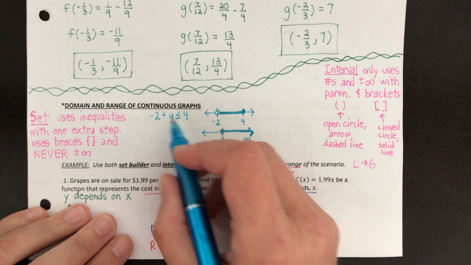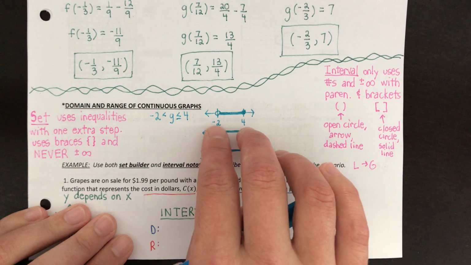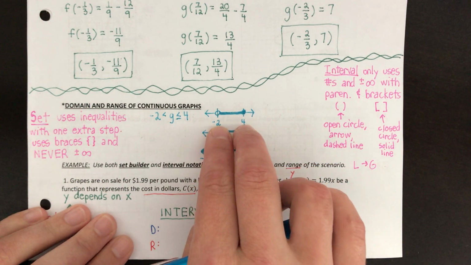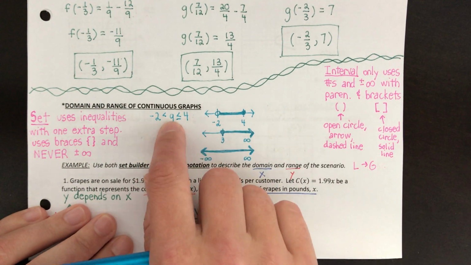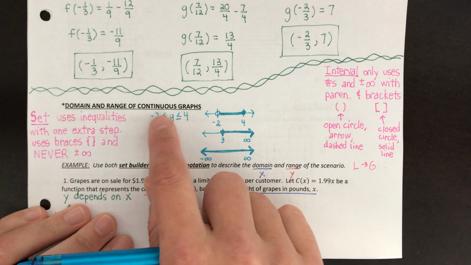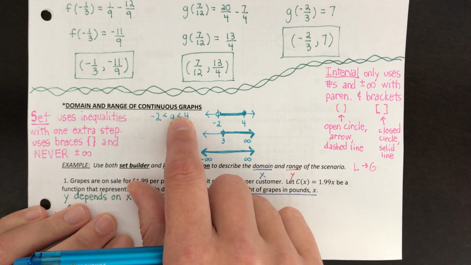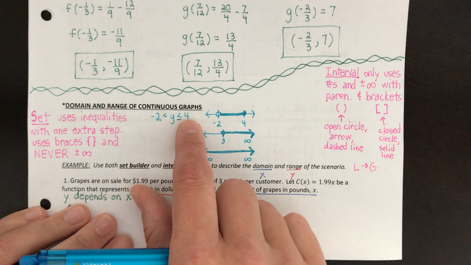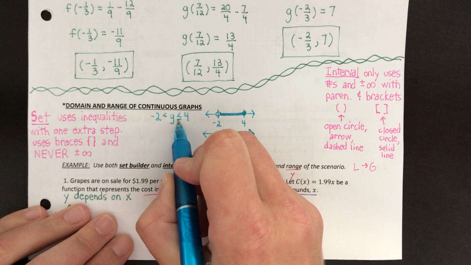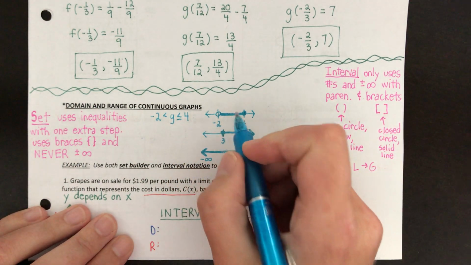Okay, and with this type, where the shaded region is bound by two specific values and not an infinity but an actual value, we always use this notation where the variable lies in the middle, and we always have less than signs, never greater, not one of each or something like that. It's always less than, and then it's always least to greatest, like I was talking before. Now, whether you have the or equal to or not is based on if it's a closed circle or an included piece or not.